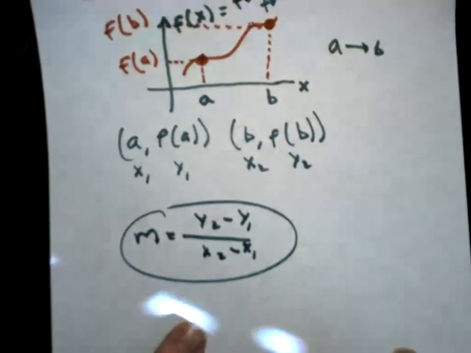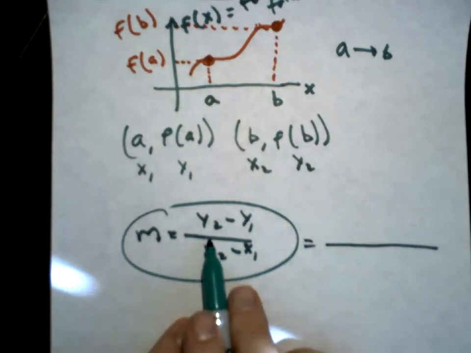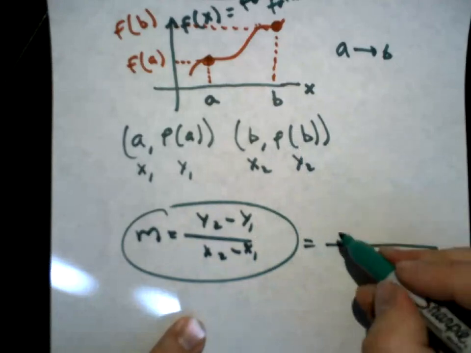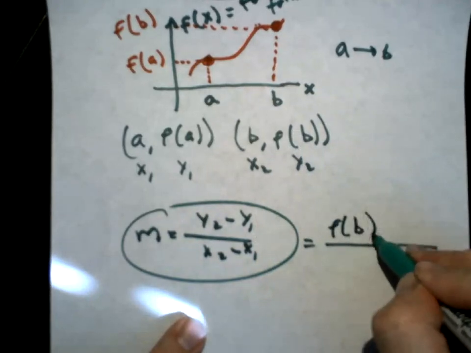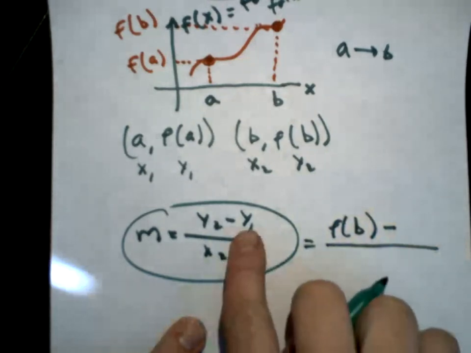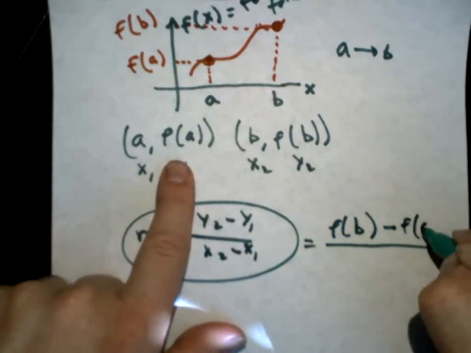Well, let's go ahead and do this. What is y2 in this case? Well, y2 is that. So you're going to go f of b minus y1. Well, y1 is that, which is f of a.